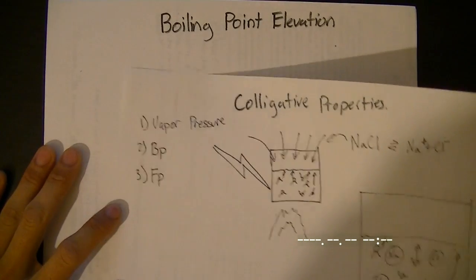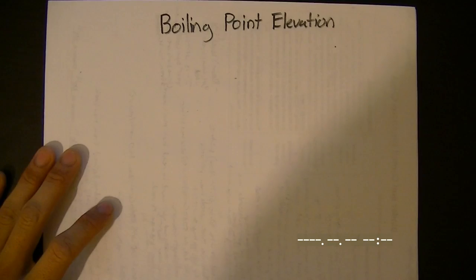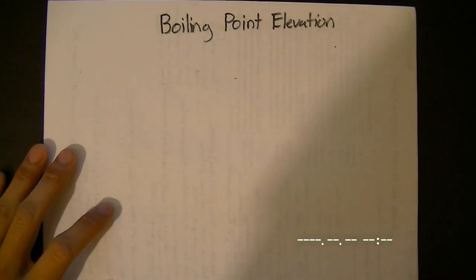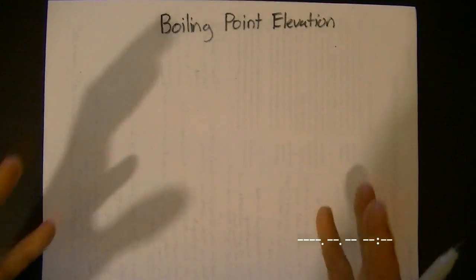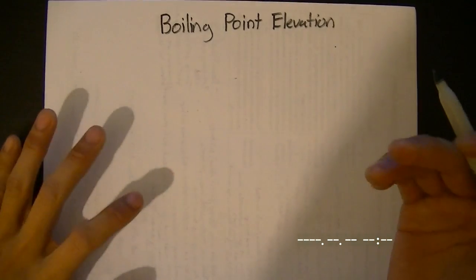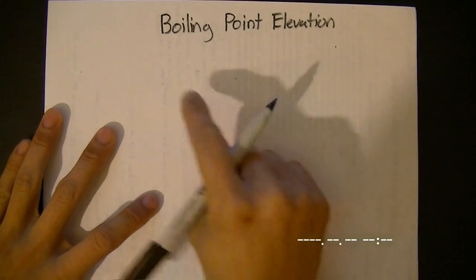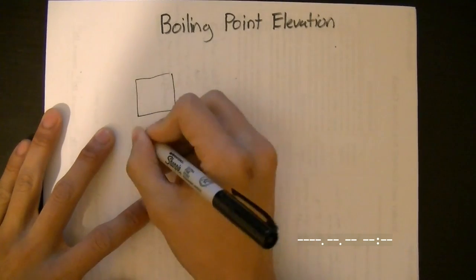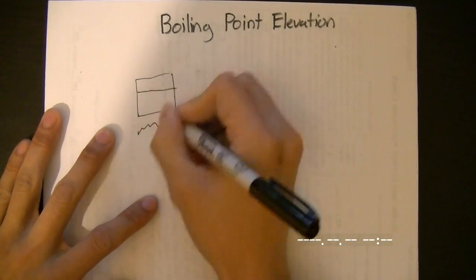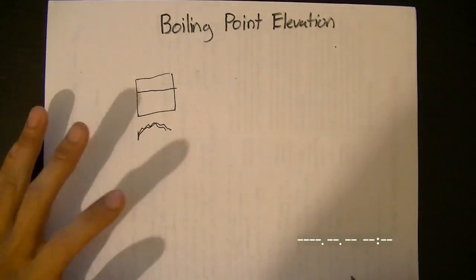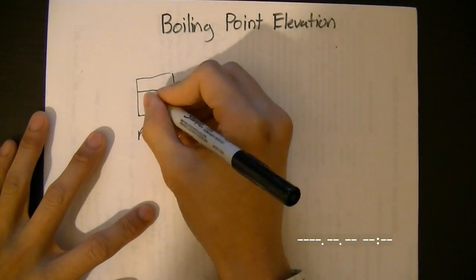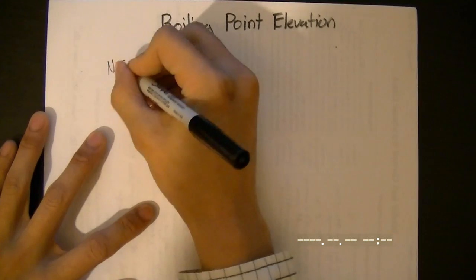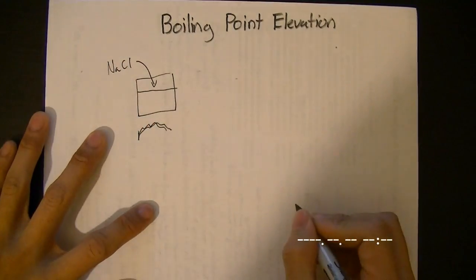Here we go. Boiling points. An interesting property when we add a solute to, let's say, water, the solution, is that the boiling point increases. If we had a beaker again and we had a fire, we all know that water boils at 100 degrees C, okay, but in this case we added NaCl into the solution.